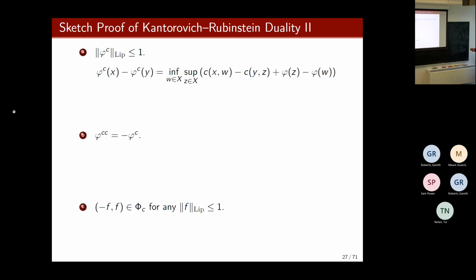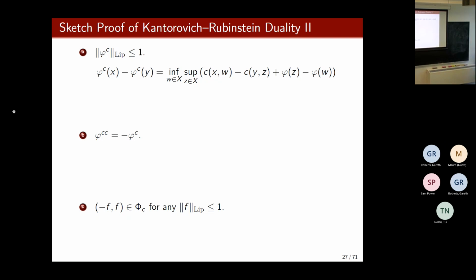By definition, I can write this as the infimum over w, supremum over z, of c of x w minus phi of w, and then the C transform of phi at the point y, with the minus sign, gives you minus c of y z plus phi of z.